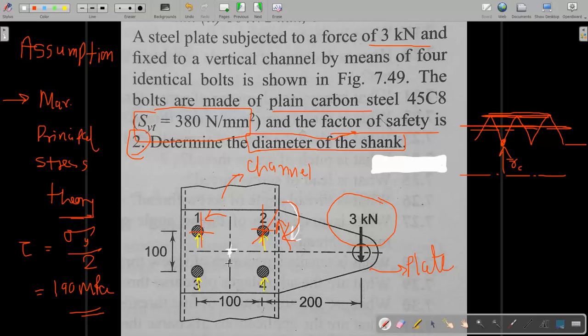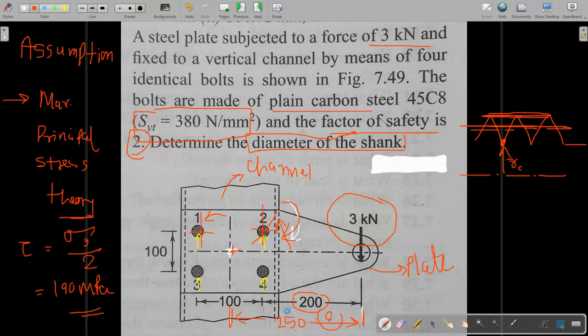And what is the eccentric distance we have to take? Not 200; we have to take from the CG of this bolt system till this 250 also. So 250 mm will become our eccentricity distance.